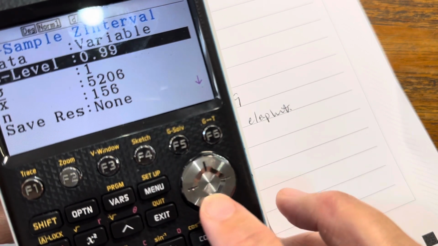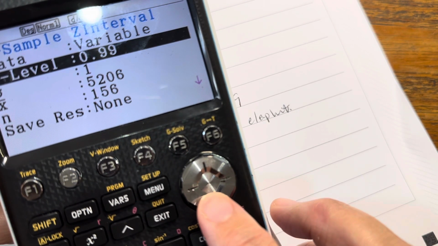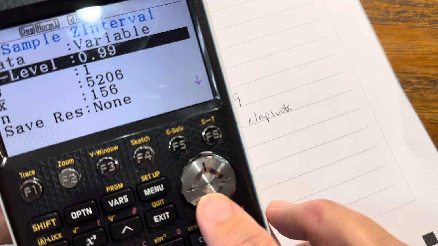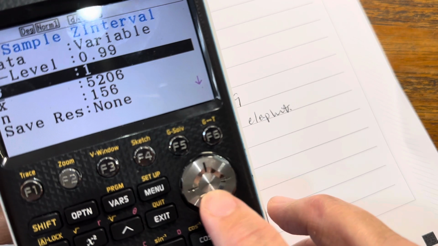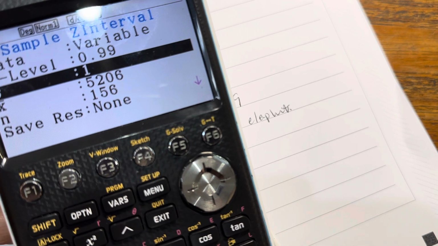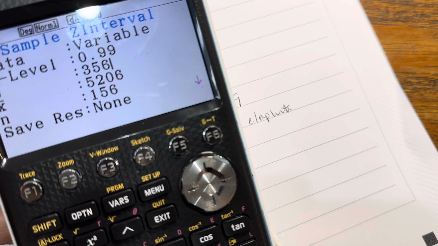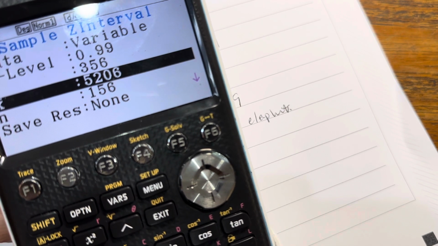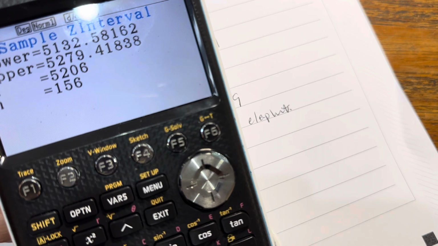So I'll go 99% confidence interval, standard deviation is not 1. Standard deviation is 356. My mean is 5206 and my N is 156.